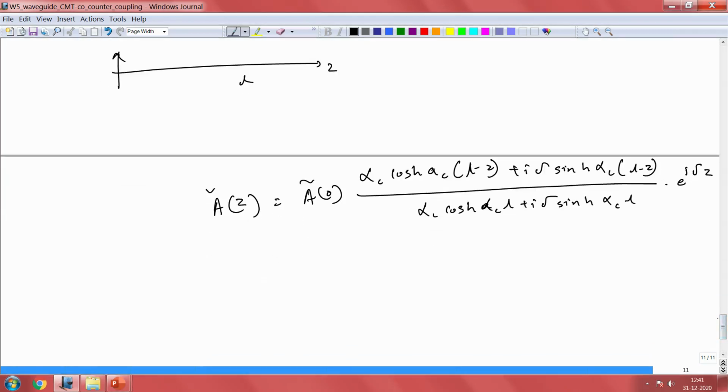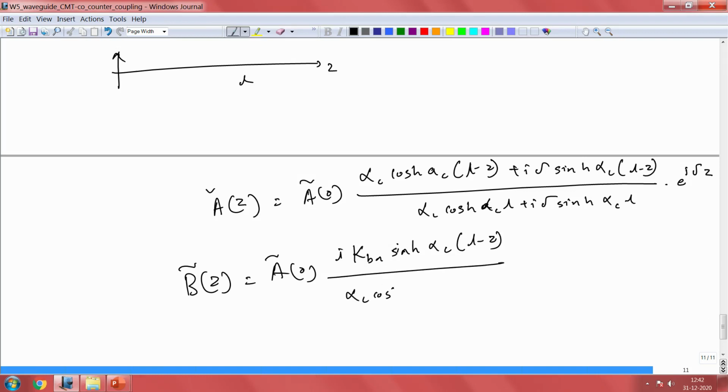And the other thing is B of z, which can be written as A naught times i kappa B A sinh alpha C (L minus z), whole divided by alpha C cosh alpha C L plus i delta sinh alpha C L, times e to the power minus i delta z.